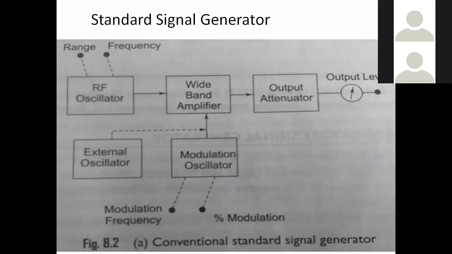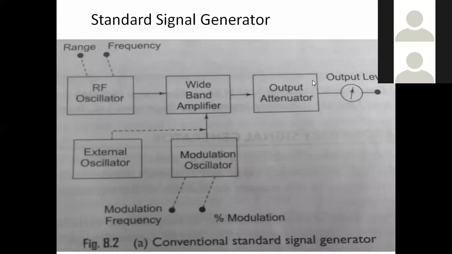In radio transmitting and receiving applications, to send the signals we have to use modulation, and after receiving the signal we have to demodulate it. All of you know that in communication there is amplitude modulation and frequency modulation, so for that we can use these standard signal generators.